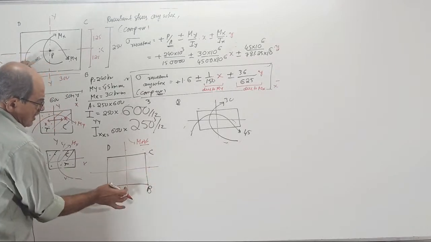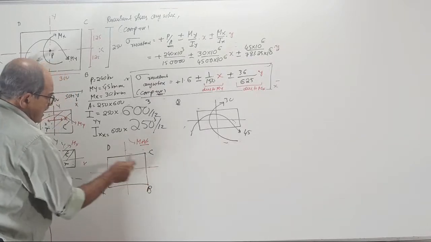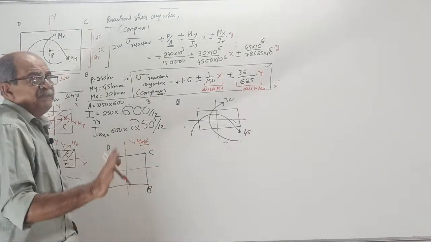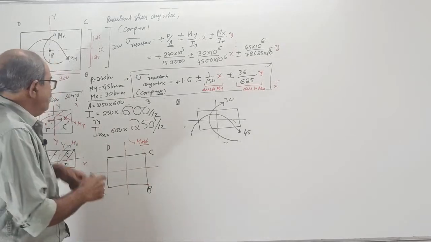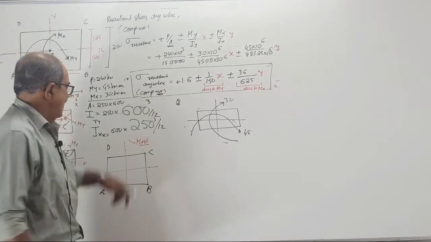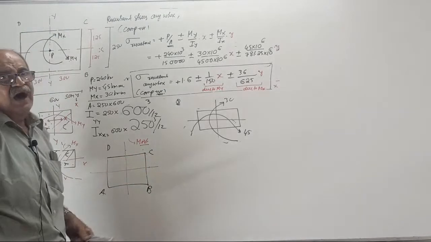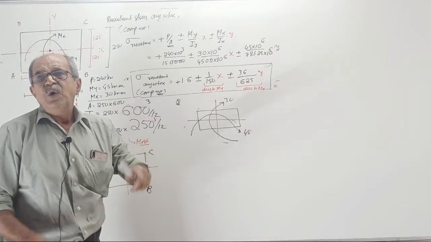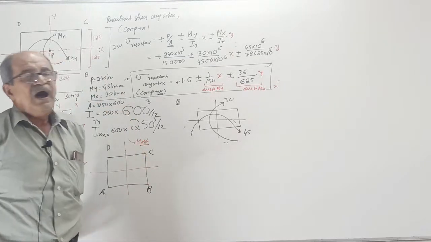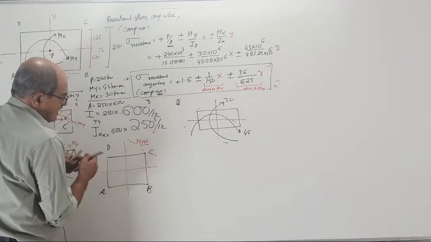For B also, x is 300, y is the other way, 125. For these 2 points, once again x is 300, left side. Left or right is not considered; you consider it when you put the sign, with compression positive, and y equal to 125. These 4 corner points are always critical. One corner stress will be maximum, another corner stress will be minimum.